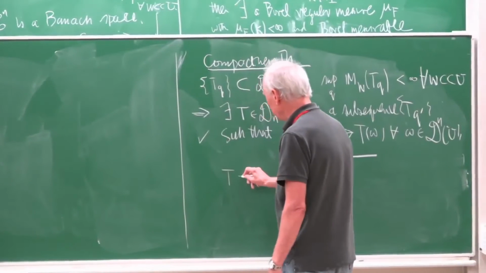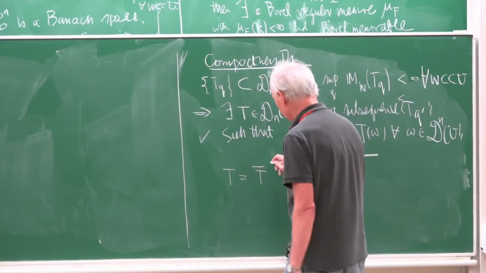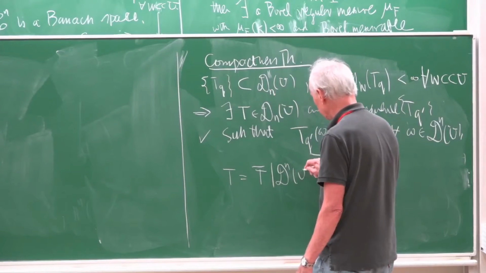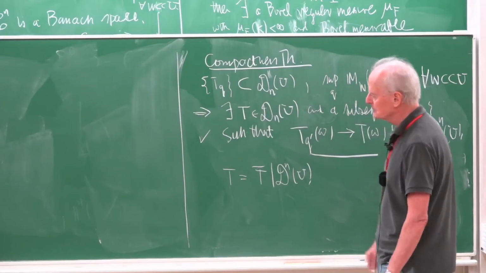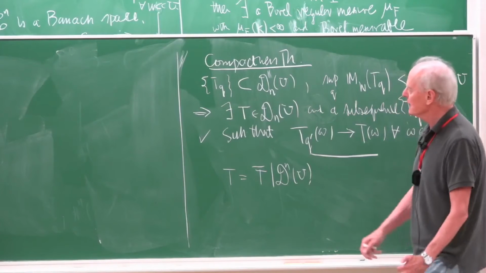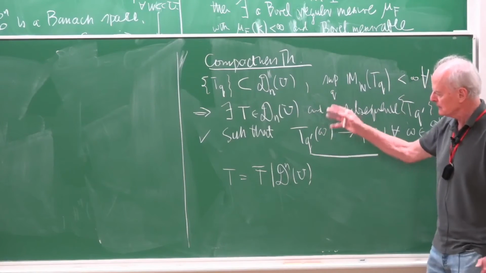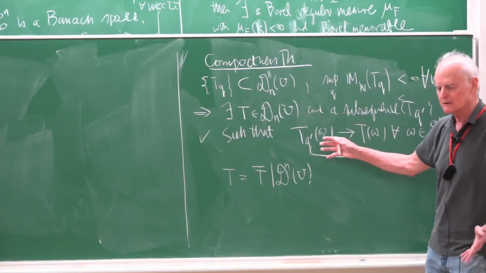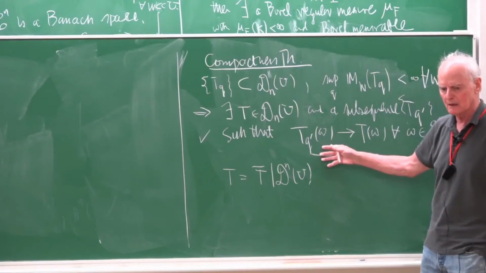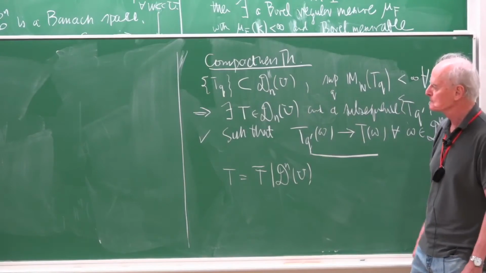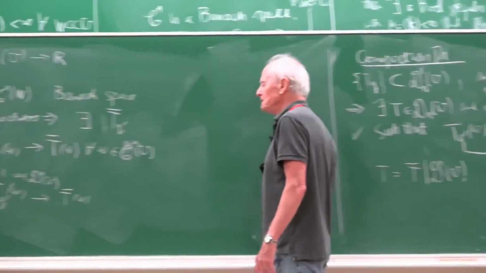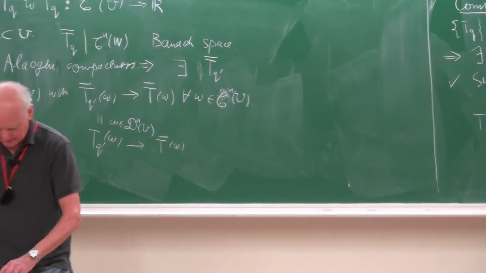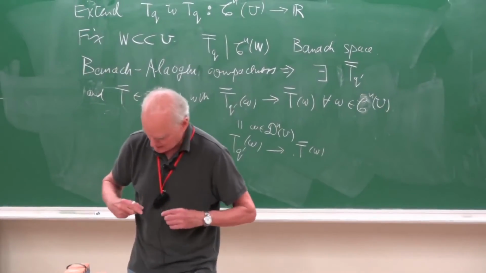You just take T to be this thing, T bar restricted to D^n(U), instead of taking the functional on C^n(U). So there's not much to that theorem, but it is nevertheless a very useful theorem. It's sort of the first step of the main compactness theorem that I mentioned, and which we will talk about later. Okay, so that's the easy compactness theorem.